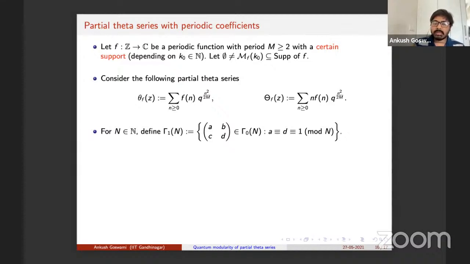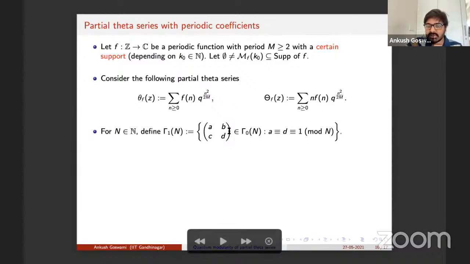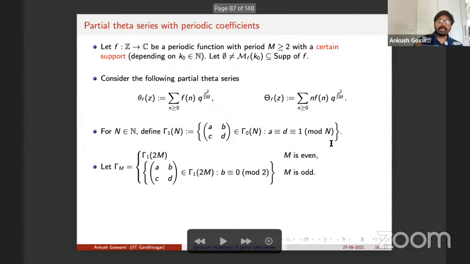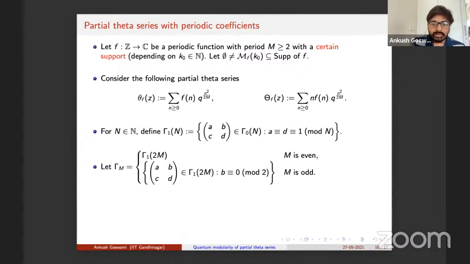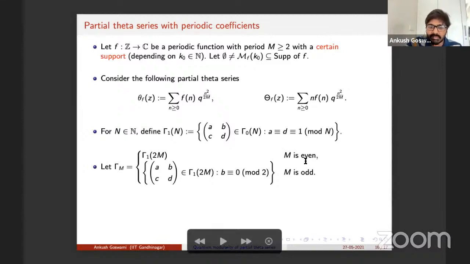Then you also define this subgroup inside gamma sub 0 of n, which consists of all those matrices in gamma sub 0 of n where the diagonal entries are congruent to 1 mod n. And then you define this congruence subgroup gamma sub m, which is defined to be gamma sub 1 of 2m when m is even, and a subgroup inside gamma sub 1 of 2m with the condition that the entry b should be even when m is odd.